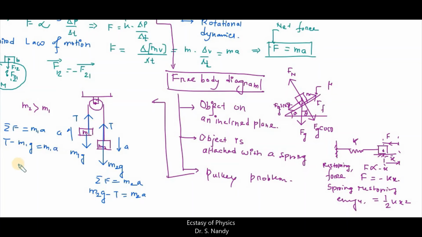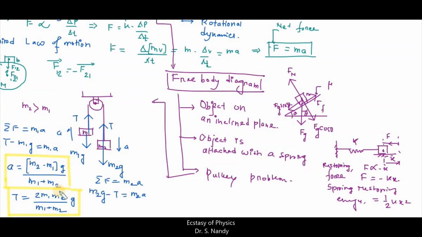If we solve these equations, we will get the expressions of acceleration and tension. The expression of acceleration is m2 minus m1 into g by m1 plus m2, and the expression of tension is 2 m1 m2 by m1 plus m2 into g.